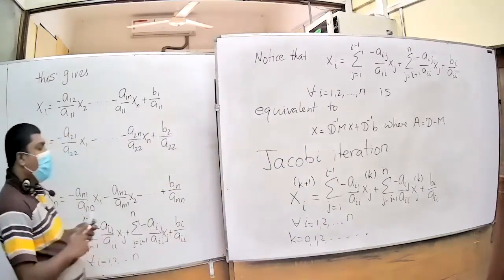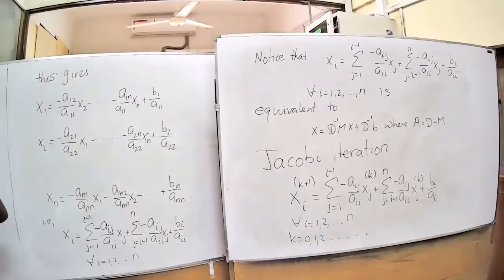If x naught is given, you can figure out x1 naught, x2 naught, x3 naught, and so on, and then you can find the iteration. So you can find the sequence of iterates according to this. That is the way to see the Jacobi iteration. If you are given x naught, you can always find the sequence of iterates.